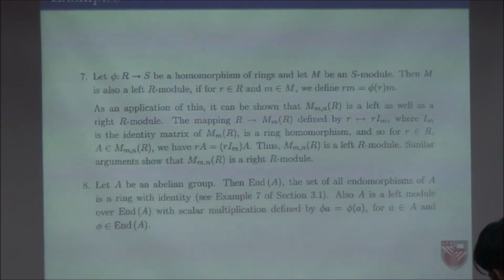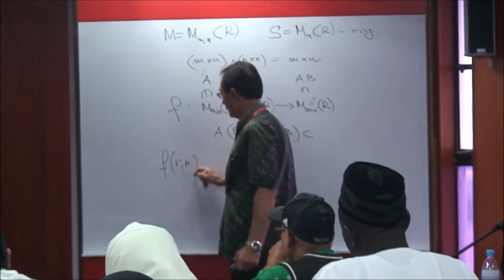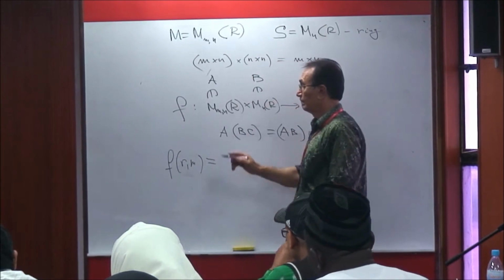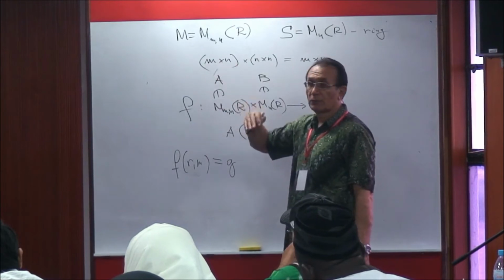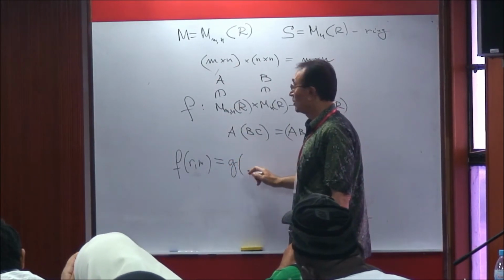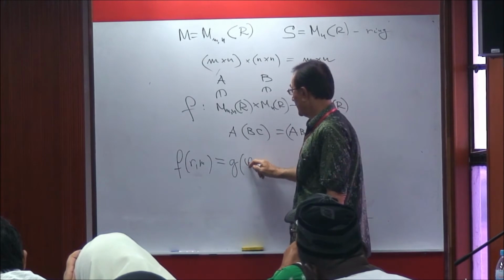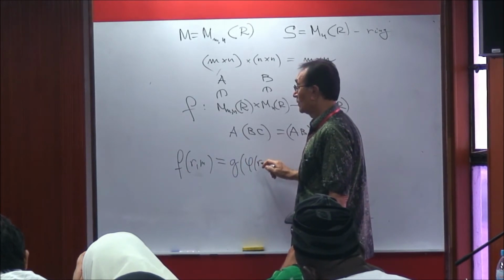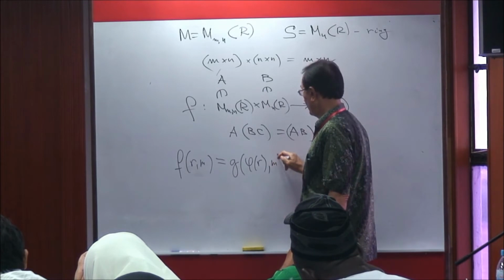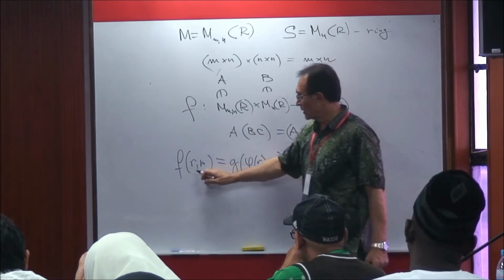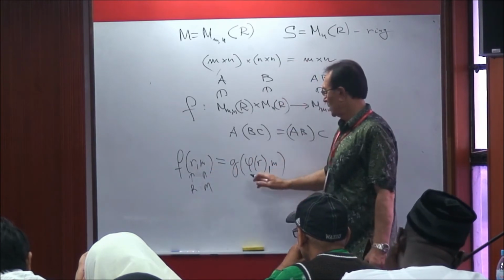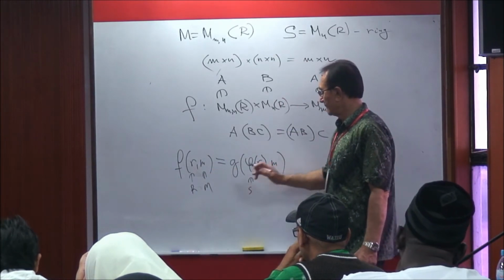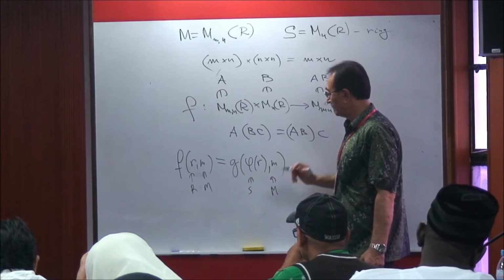Your function is defined as follows. F of (r, m) is G of (phi(r), m), because in S you have another function G. This r is an element of R. This m is an element of M. This phi(r) is an element of S. This is an element of M again.